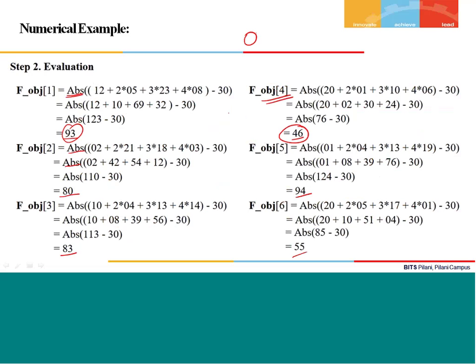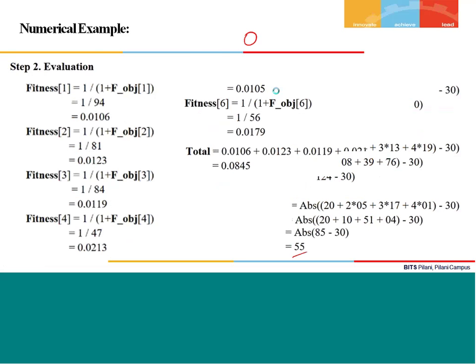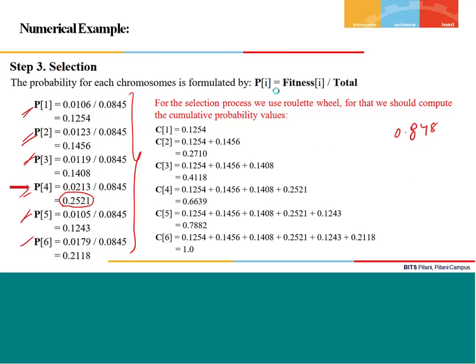Chromosome 4 resulting in 46 is the nearest. That's why my chromosome 4 has the highest probability. So what you have done so far is evaluate your chromosomes according to the fitness function and find out the probabilities they have right now. According to the probability, you want to select them for the next generation.